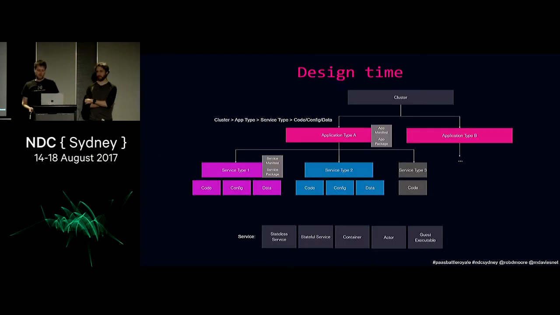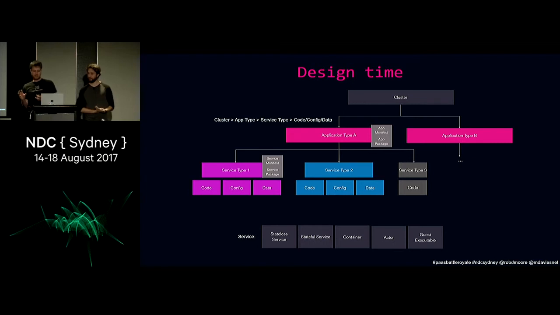In terms of the architecture, there's kind of 2 ways to look at it. There's design time and runtime. In design time, you define applications, and applications are defined by an application type, and then they will get deployed into a cluster. The application type has a manifest and an application package. The manifest describes which services are used in that application and a few other configuration options.